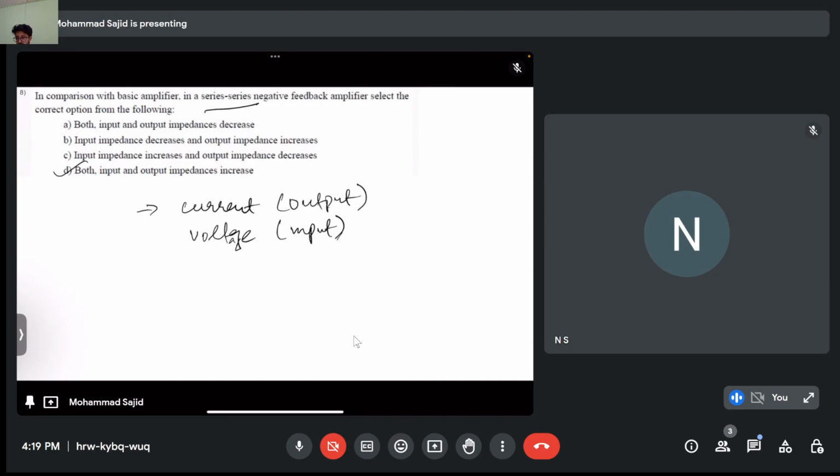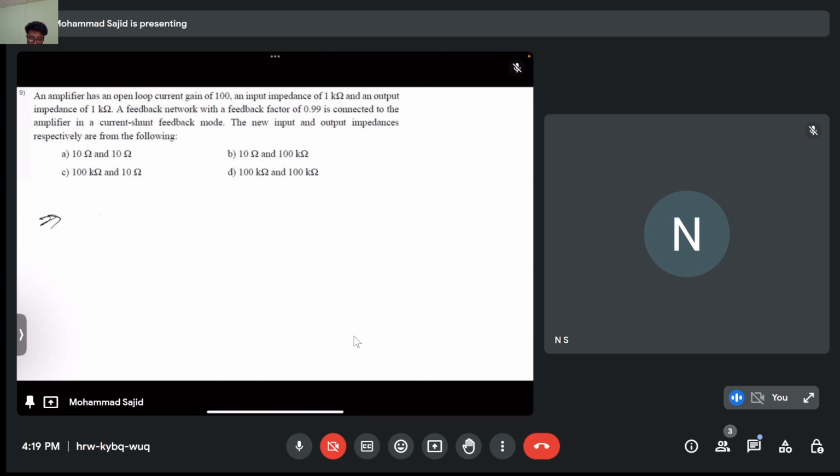Next, again I will just use the formula for these circuits. You have to calculate the input impedance. It is simply Rin divided by 1 plus AB, and the values given to us are input impedance 1K, output impedance 1K. You know how to solve these questions. I will just use the values. Open loop gain is 100 into beta is 0.99.